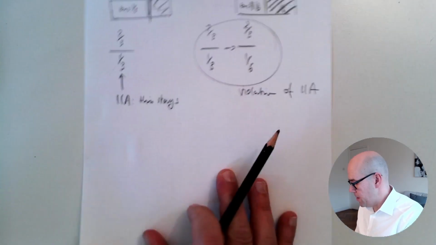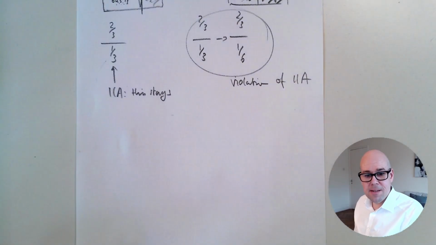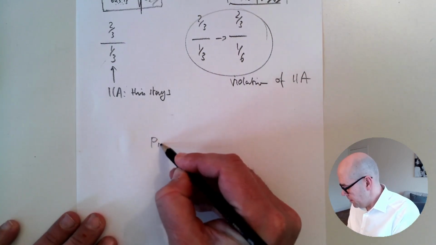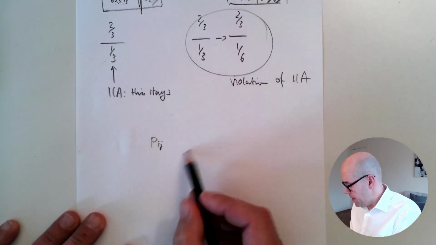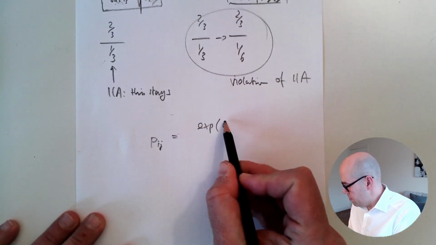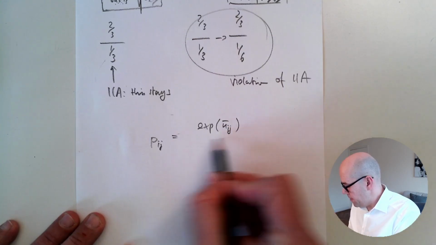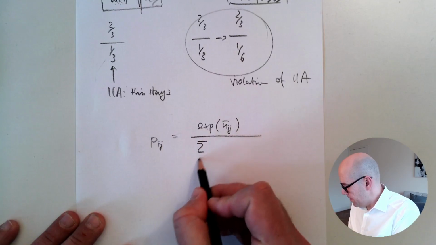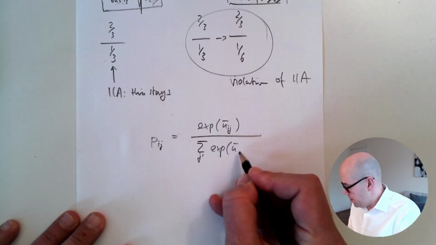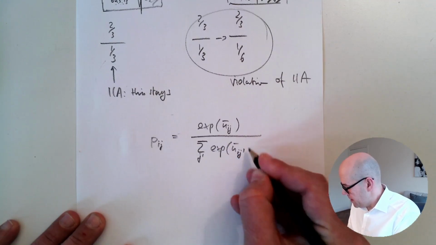Okay, so how can we see that this holds in terms of the formulas for the choice probabilities? Well, just remember that Pij was exp u bar ij divided by, here I'm summing over j prime, exp u bar ij prime.